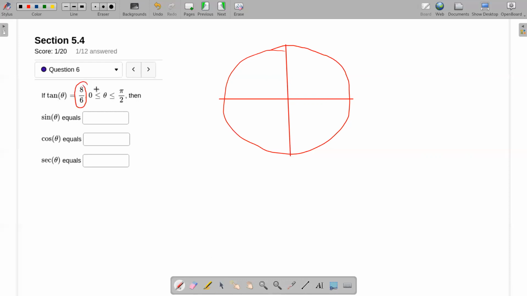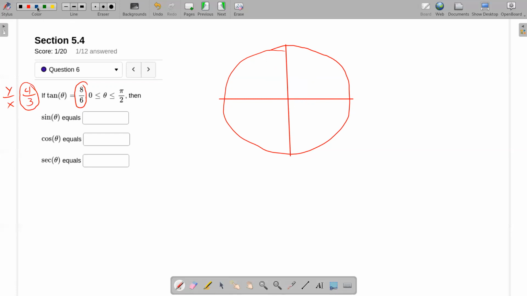So I think it's a good idea to reduce things when you can. So 2 goes into 8 4 times, and 2 goes into 6 3 times. So I like the 4/3 better. Tangent, again, is y over x. So I want to find a point on that circle where I go up 4 and right 3. So again, we have to decide what up 4 means.